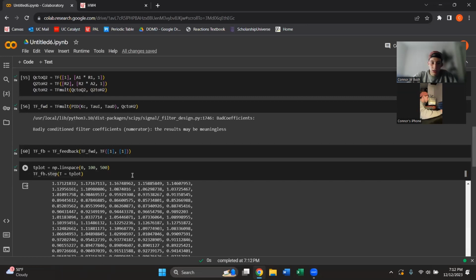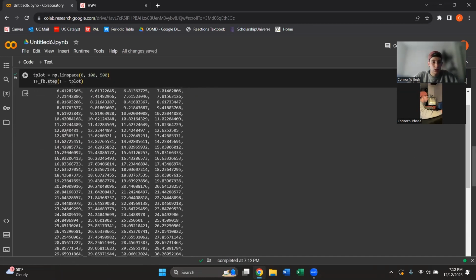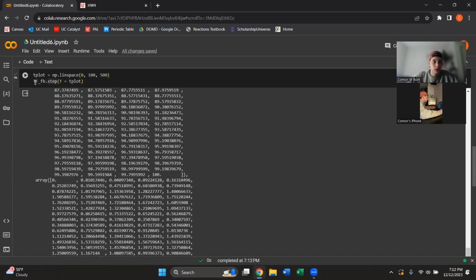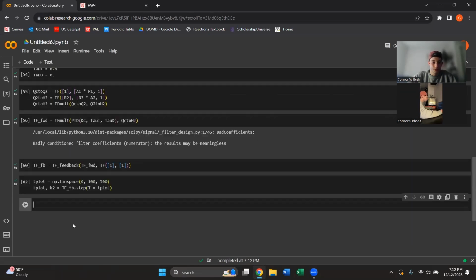And then as you can see, we are given two arrays. One is the time one and one is the response. So we can rename our time plot and then give a name to that output as just H2.